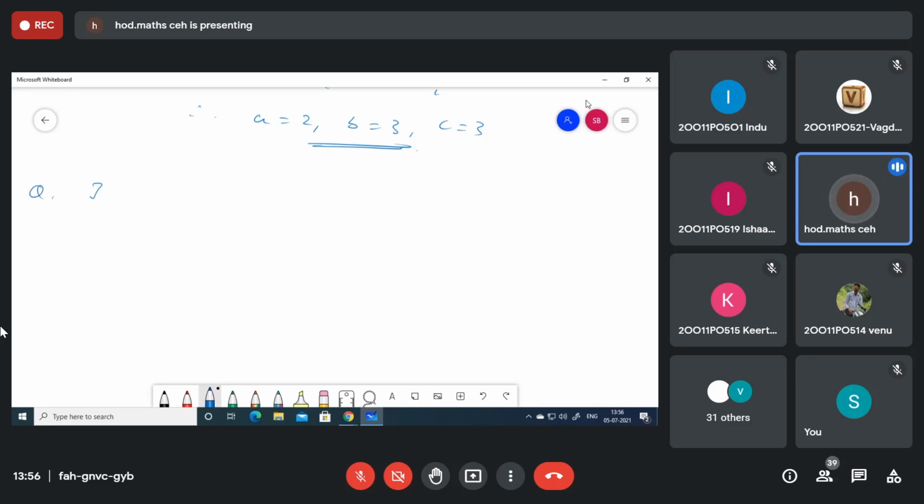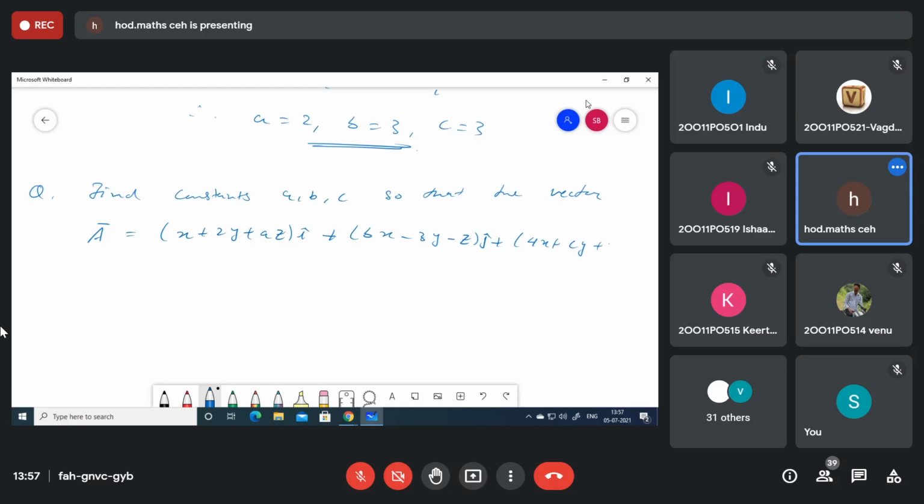You have to find constants a, b, c so that the vector a bar, which is (x plus 2y plus az)i plus (bx minus 3y minus z)j plus (4x plus cy plus 2z)k, is irrotational.